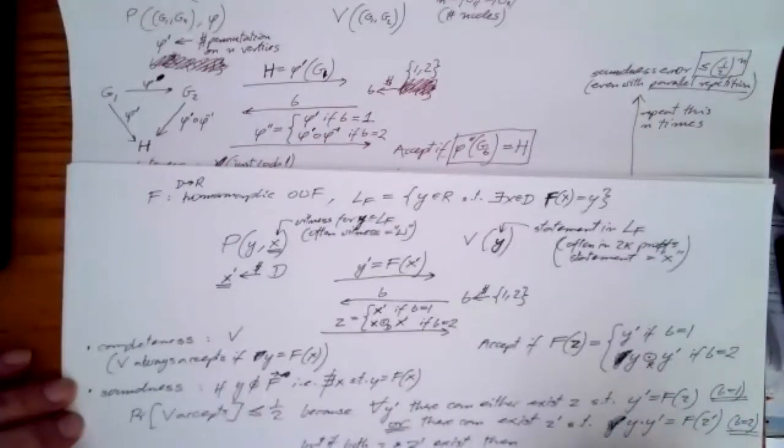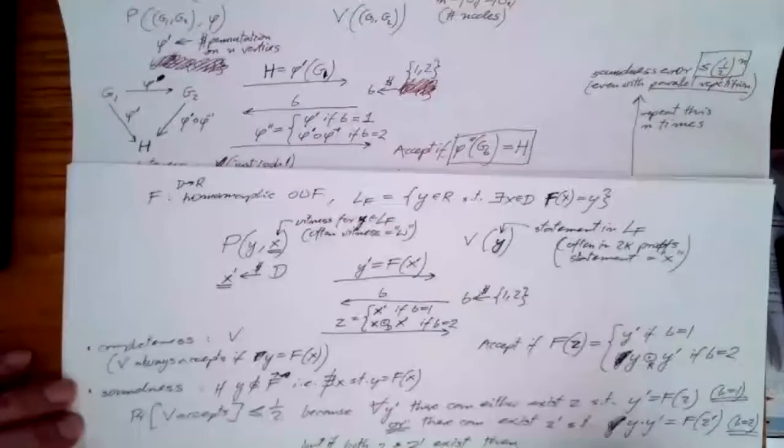Well, this must be equal to f of z times f of minus z prime. So this is the inverse in the range group, and this is the inverse in the domain group.